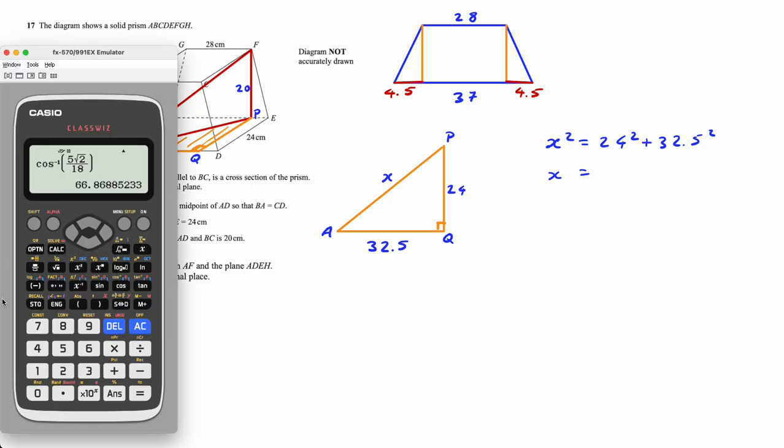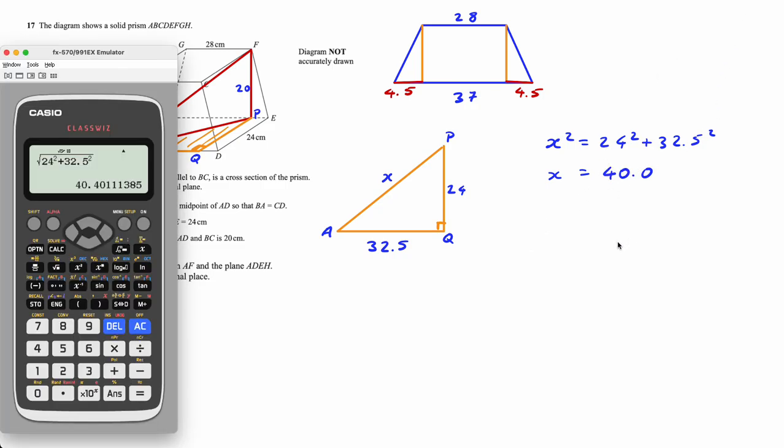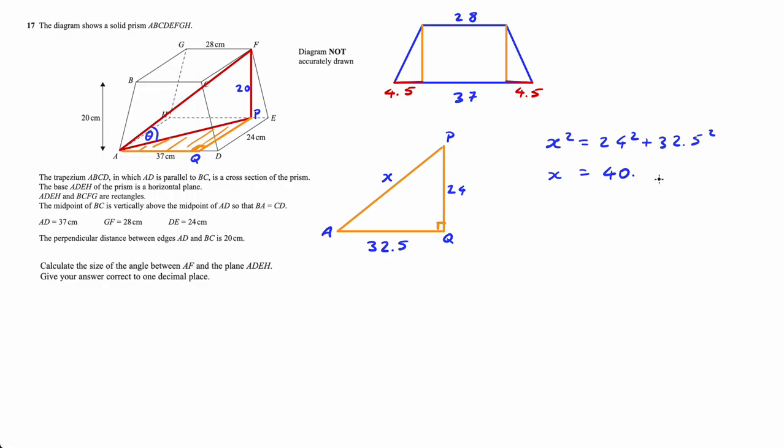The square root of 24 squared plus 32.5 squared. This is 40.40111. I'm going to write all of that down, guys, 40.40111, because I'm not at the end of the question, so I'm not going to round too much yet.